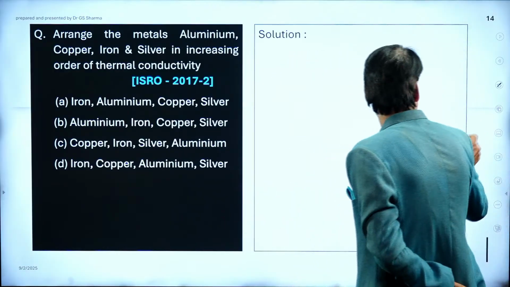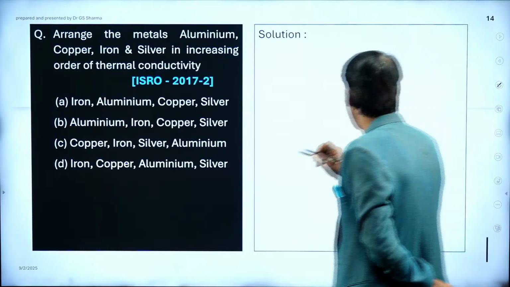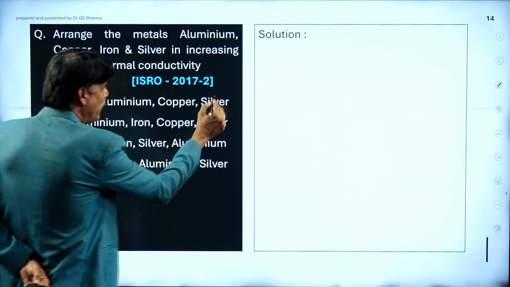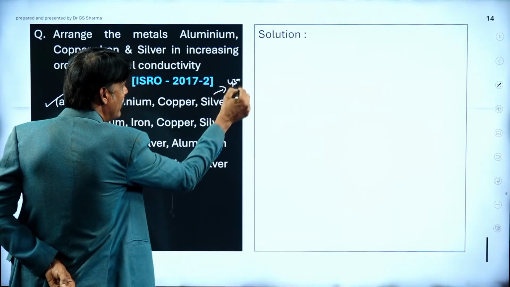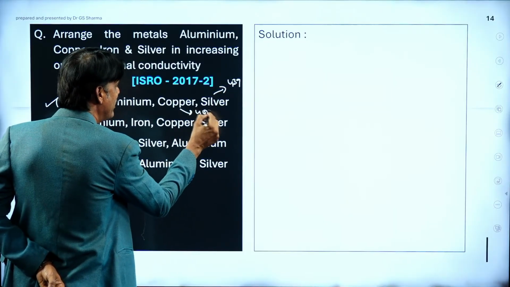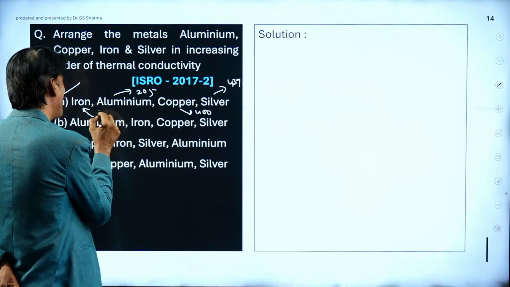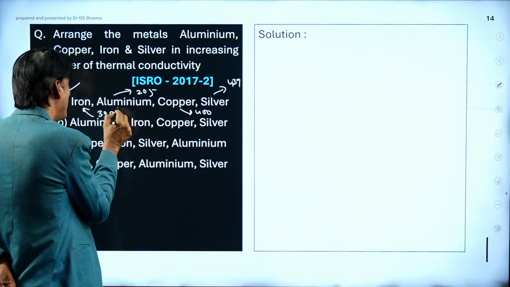Answer is A. Silver is 439, copper is around 400, aluminum is around 205, and iron is around 32 to 40.